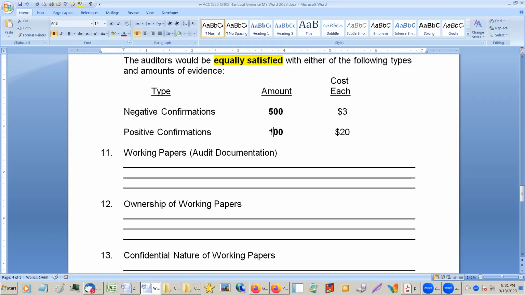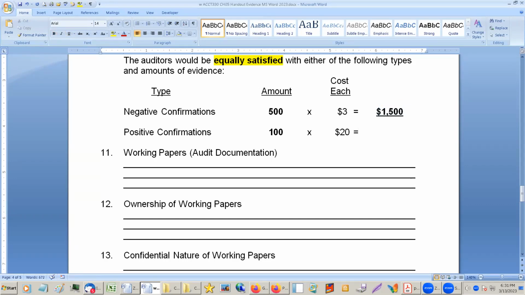So where we'd be happy with 100 positive ones, with the negative ones we'll be happy with 500 of those, much more. And the cost each is $3. So if we multiply these out, you can see why we might go with the negative ones, at 1,500.